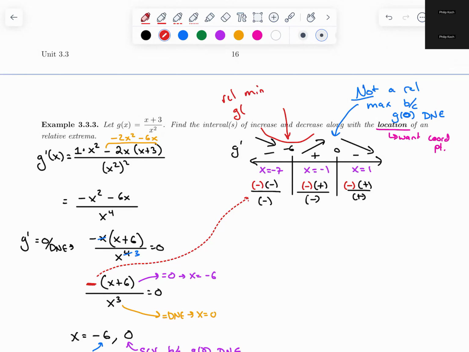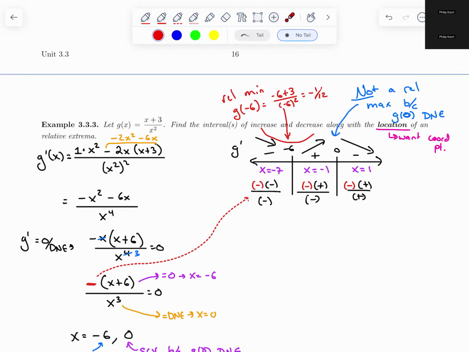And g of -6 is equal to -6 plus 3 over -6 squared, which is -1/12. Okay, one more thing on this one before we move on. Just as a reminder, I'm plugging it into the original function. If I'm asking for the location of relative extrema of the function, I'm talking about the relative extrema of g, so I have to plug it into g, not into g prime.